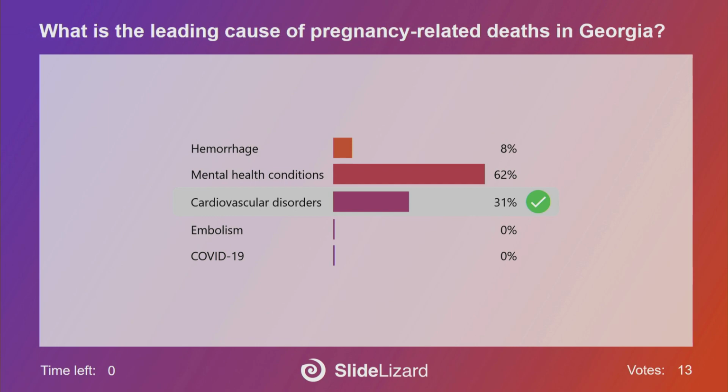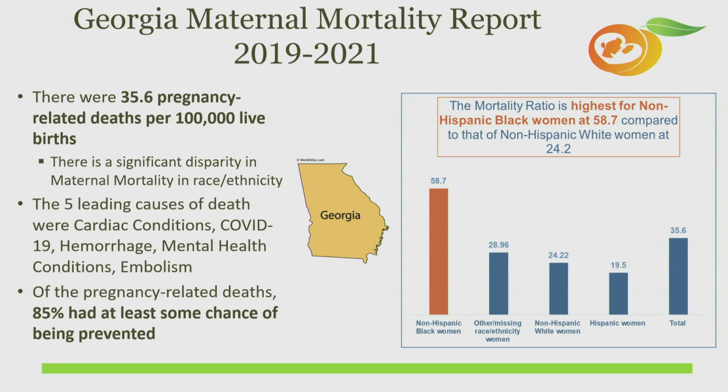When you consider all of the cardiac conditions together, you guys have seen data earlier today from 2018 to 2020, and then these are the Georgia stats, which I believe you've seen as well. This is just really to highlight the disparity. So our overall pregnancy mortality ratio is 35.6 per 100,000, but if you dive into that, it's actually 58.7 if you isolate the non-Hispanic Black women compared to 22.4 for our non-Hispanic white women.